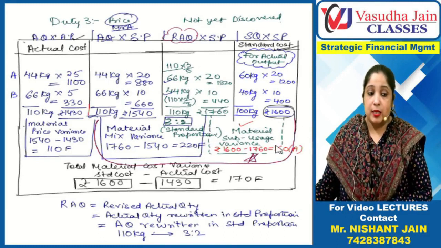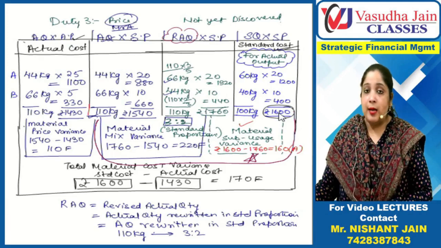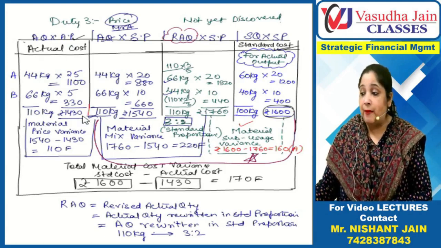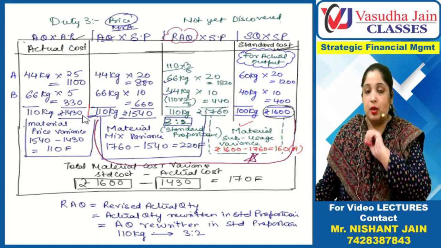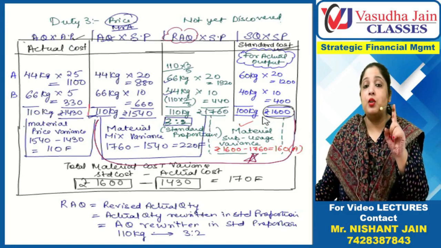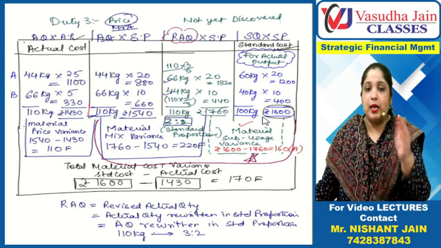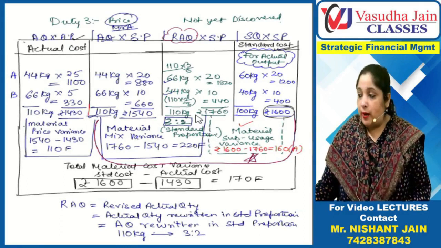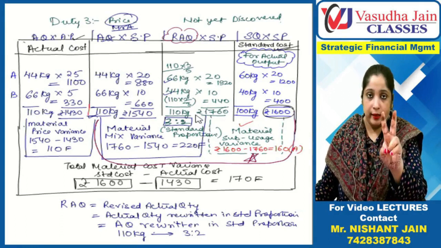Now just see the figures. This is 1600. 1600 should have been the cost if my foreman and field manager had not committed mistakes.